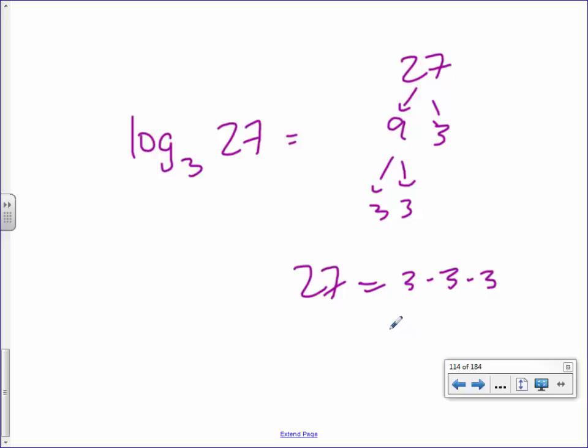So maybe I should try another example. Let's try this one: log base 2 of 16. What this is essentially asking you is, take the number 16 and make it smaller. Tell me how many 2's are in the number 16. How do you make the base 2? I'll show you guys that in a second. Some of your calculators have that ability, and maybe I've shown you, some of them don't.